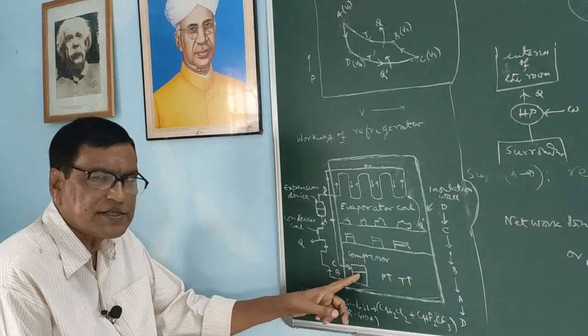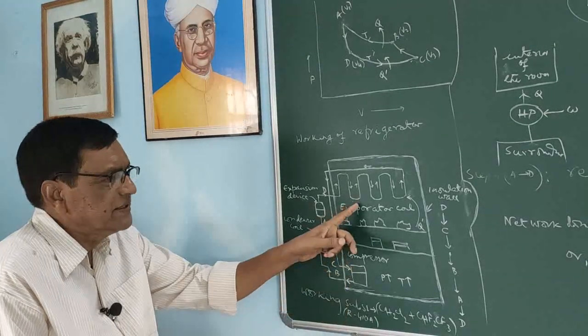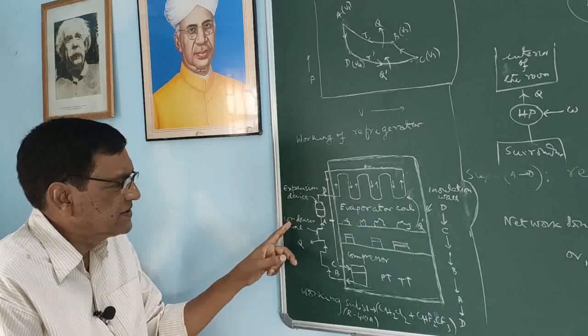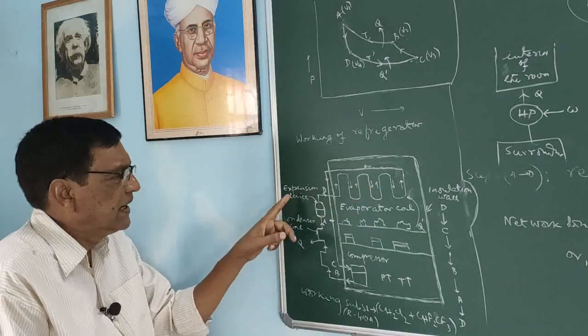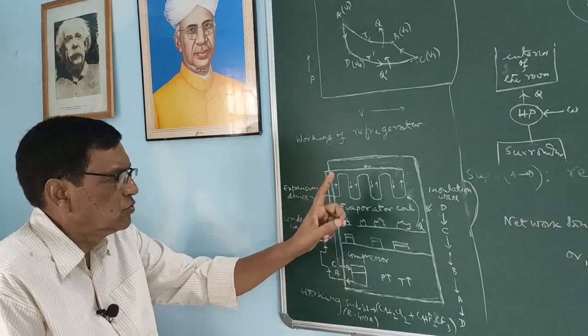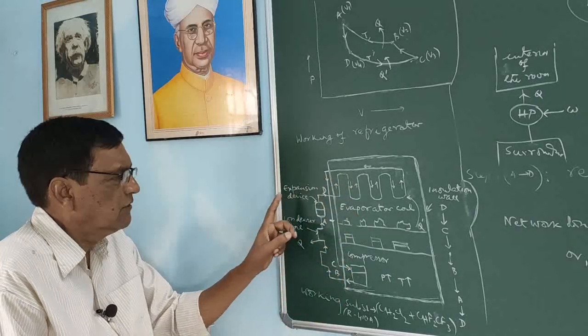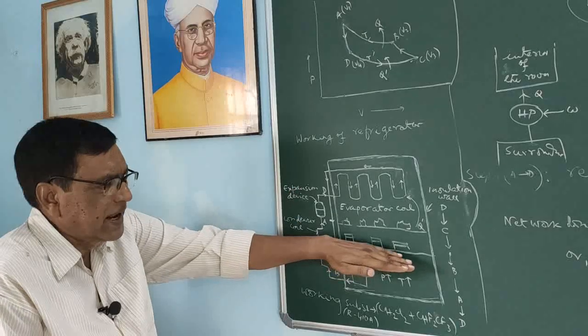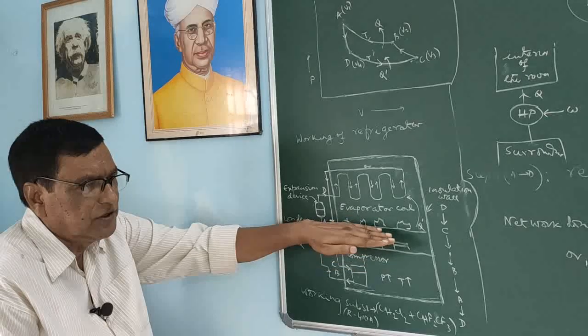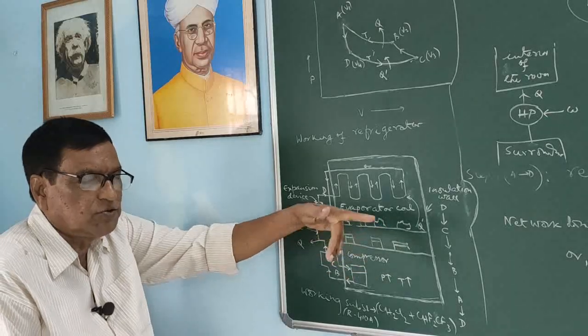One is the compressor, one is the evaporator coil, here is the condenser coil, and here the expansion device. That means 1, 2, 3, 4. These are the racks in which the substances or foods which have to be cooled are kept.